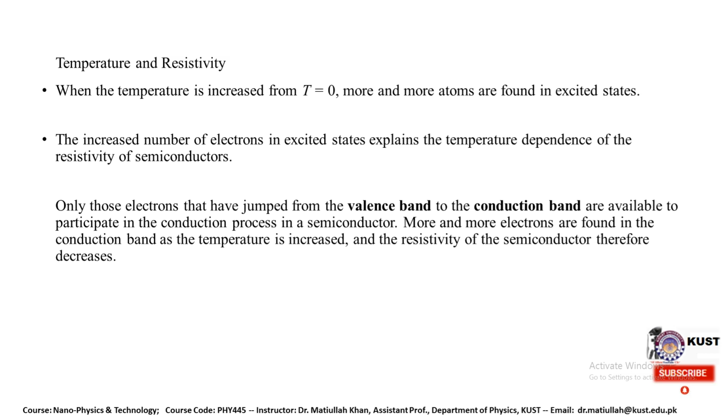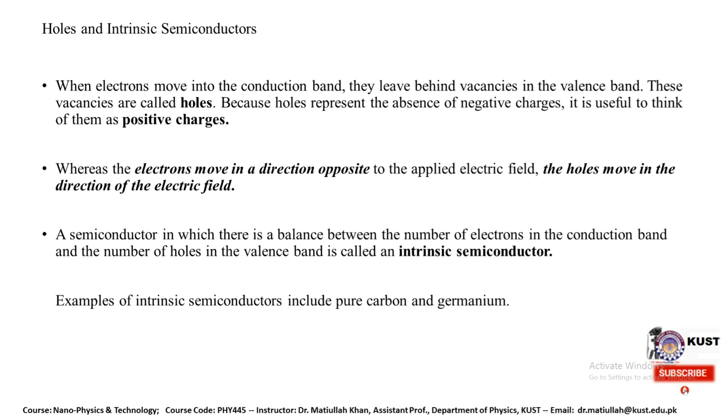An increased number of electrons in the excited state explains the temperature dependence of resistivity in a semiconductor. In the first slide, we also mentioned the variation of resistivity with temperature for conductors, insulators and semiconductors.